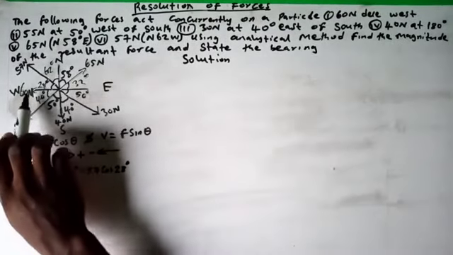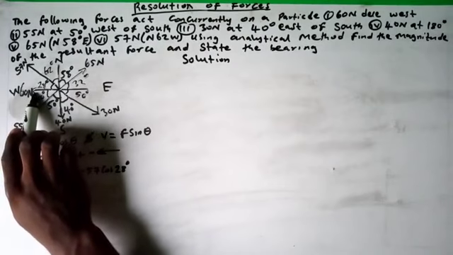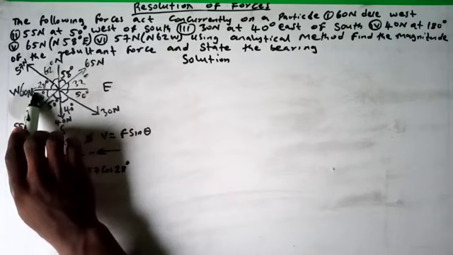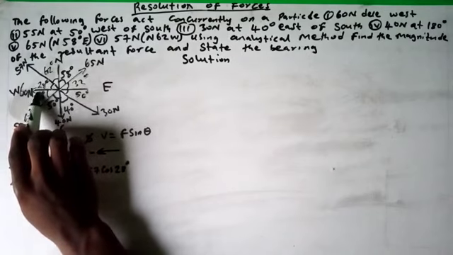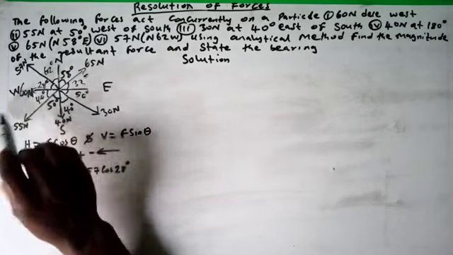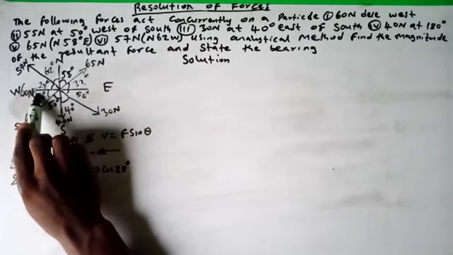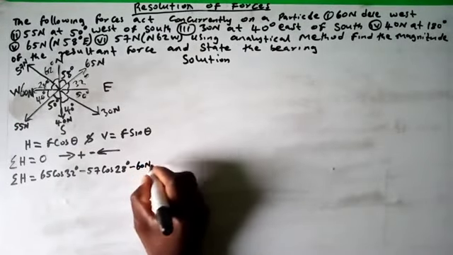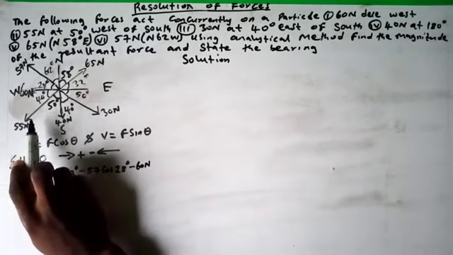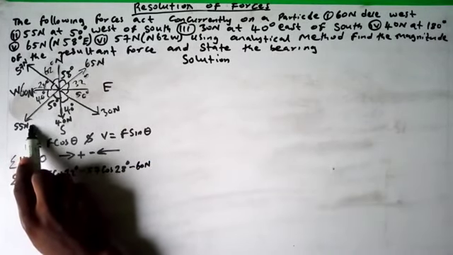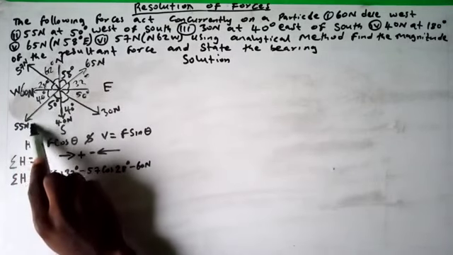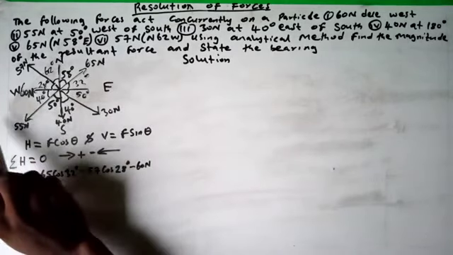The next one is 60 Newton. This 60 Newton is a horizontal force. It has no vertical component, and is pointing towards the negative direction. Therefore, our 60 Newton force is negative. We have minus 60 Newton. The next force is 55 Newton. If we close this angle by dragging this up, the arrow points towards the negative direction.